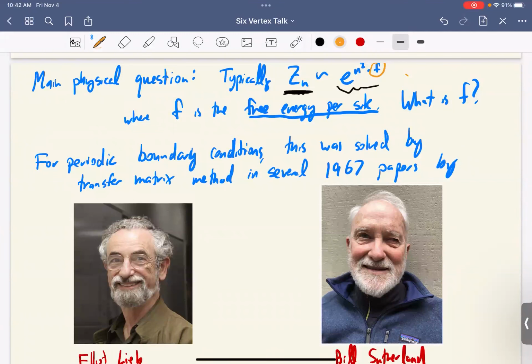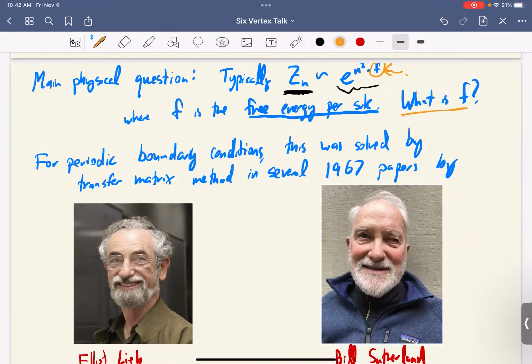And for Pauling and these guys whose pictures are below, the main question was what is this constant that governs the rate of growth? So that's in statistical physics, it's called the free energy. And so they really wanted to know what the free energy was. Pauling, in his first paper, he wrote down some number for the free energy, which I don't think was correct actually.